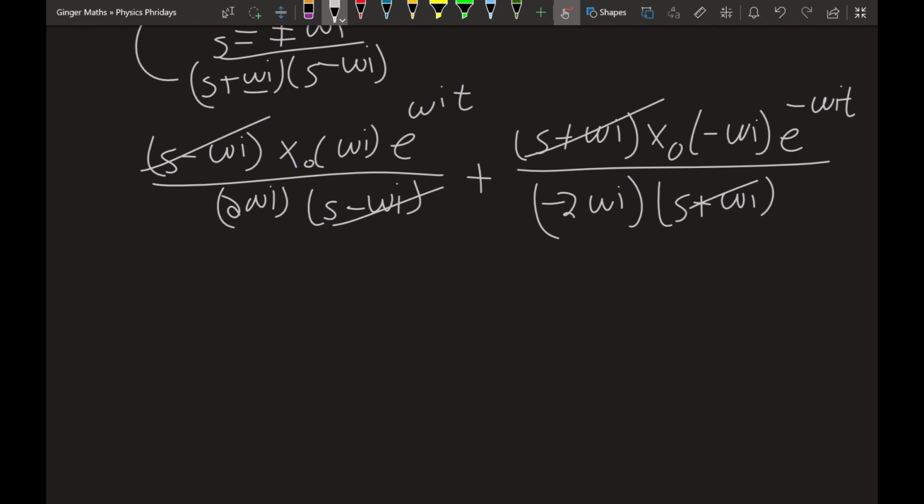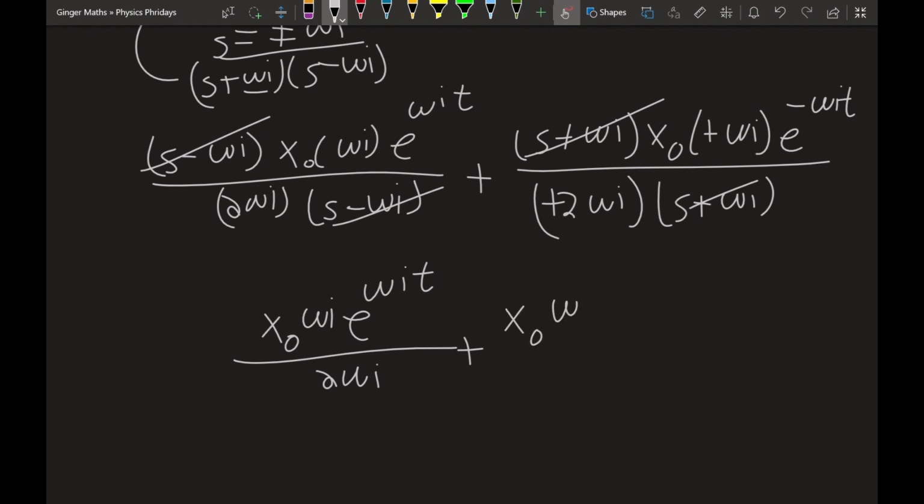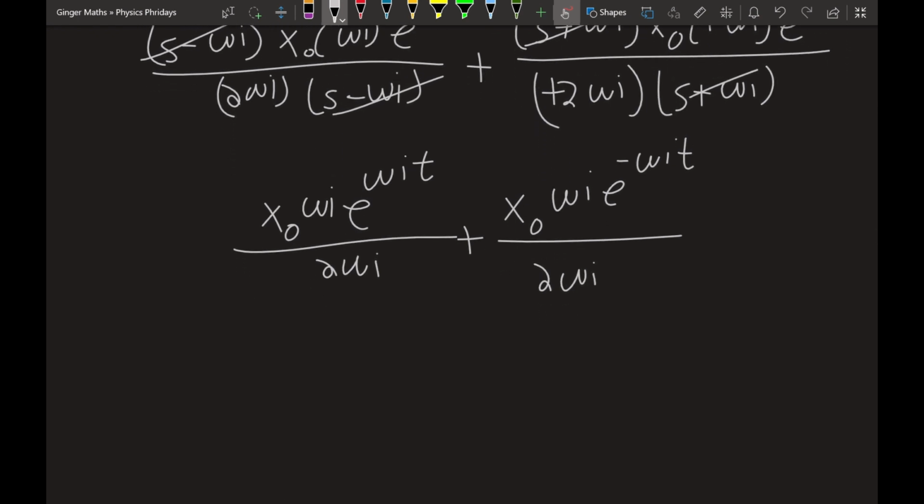So just to write this out as one large term, what we're going to get is x naught omega i e to the omega i t divided by 2 omega i. And you'll notice here that these minus signs actually do cancel, so we're left with plus x naught omega i e to the minus omega i t divided by 2 omega i. And you'll notice we have a common denominator, and also that the omega i's do cancel.